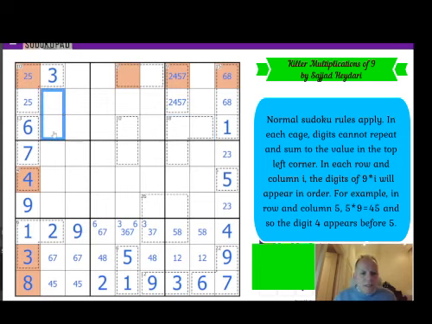Sorry, I'm being a bit slow here. 9's in one of those cells. That can't be 1, 9. 6 has to be... No, that's not that interesting. 6 has to be in one of these cells.